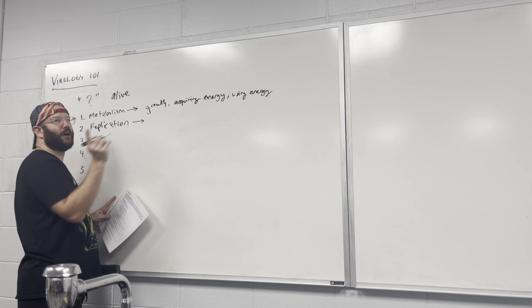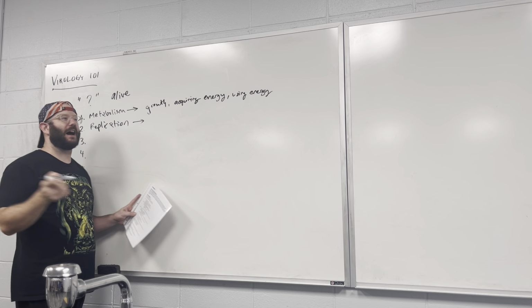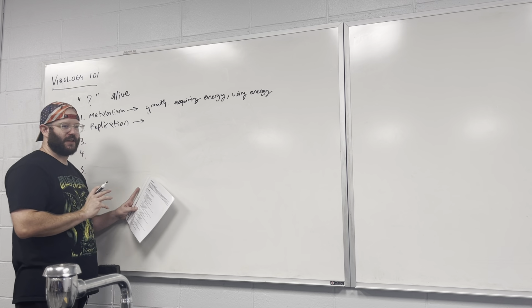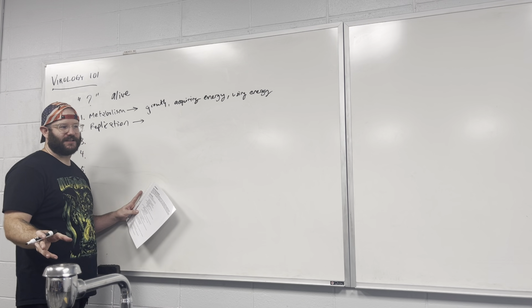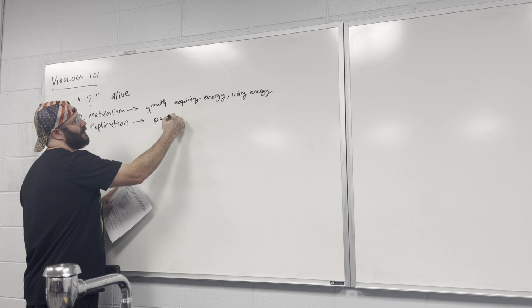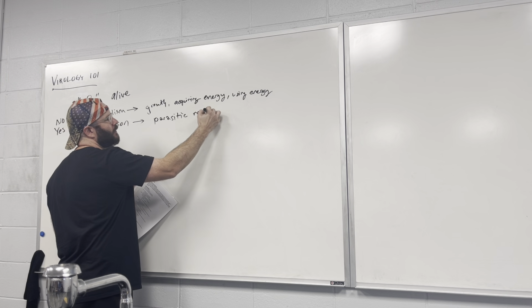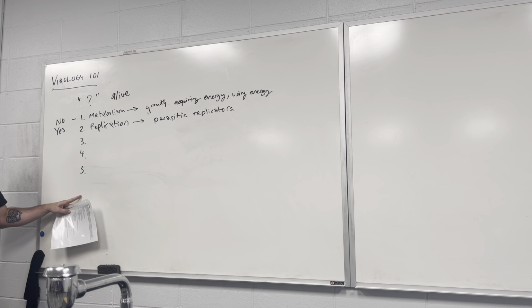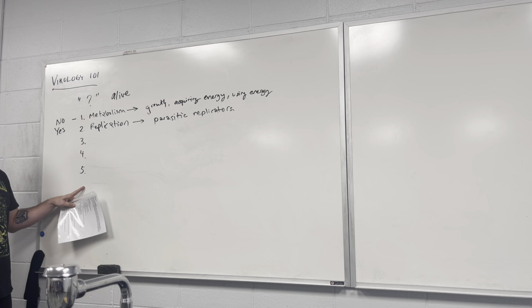They need the host. Yeah, they can only replicate inside of a host using host machinery. So they don't have the ability to replicate on their own. They're parasitic replicators. But in that sense they're very interesting, because some of the earliest theories of how living things came about involve an evolutionary process starting from a molecule that can replicate.